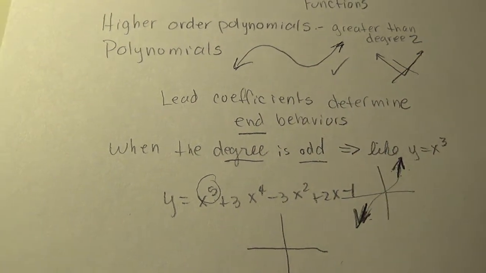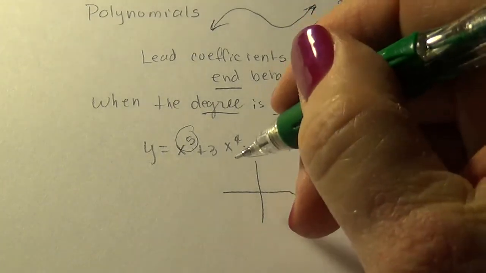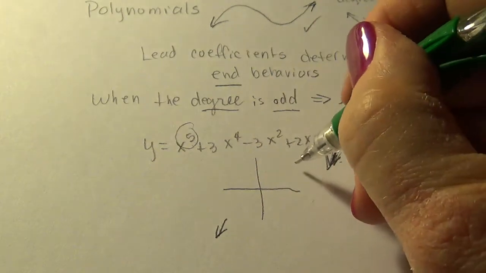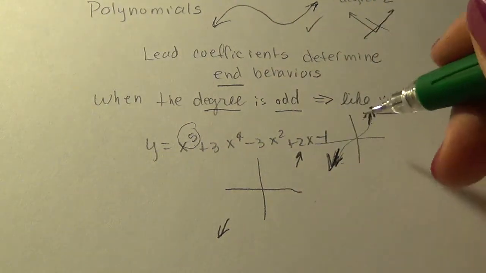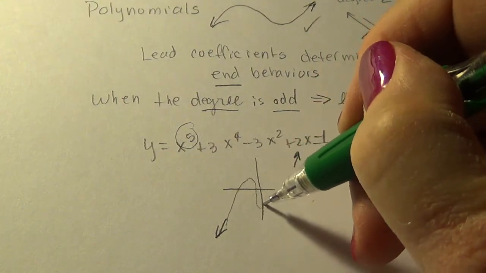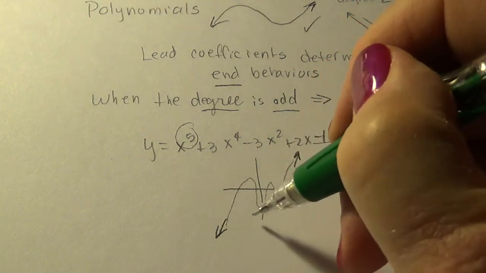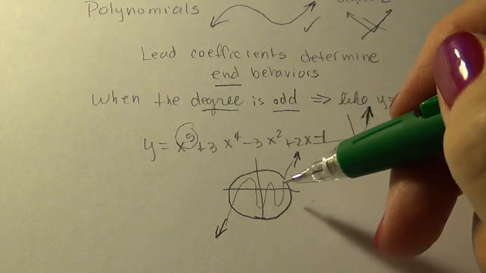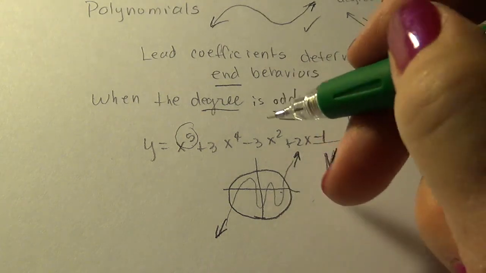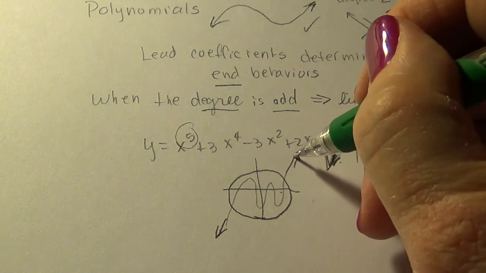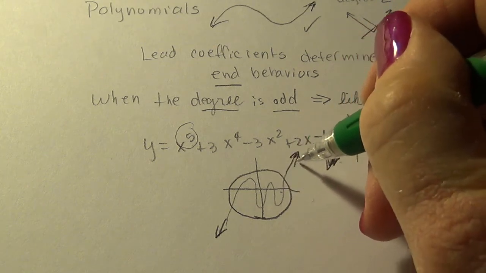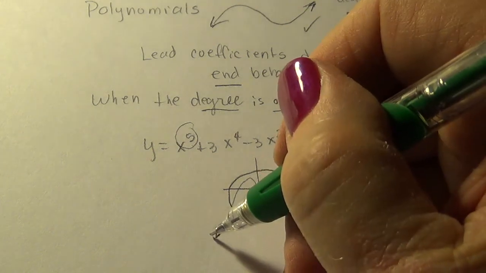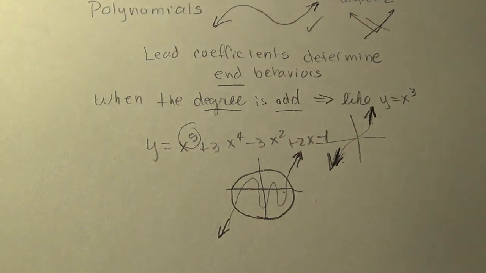I'm not sure what this function is going to do in between, so I'm not promising you anything in here. What I'm interested in this part of our discussion is the end behaviors. So the end on the right, it will be going infinitely high. On the end on the left, it's going to be infinitely low.